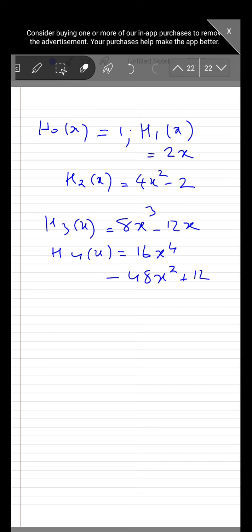Okay, so how can we find a relationship? How can we generalize this concept?